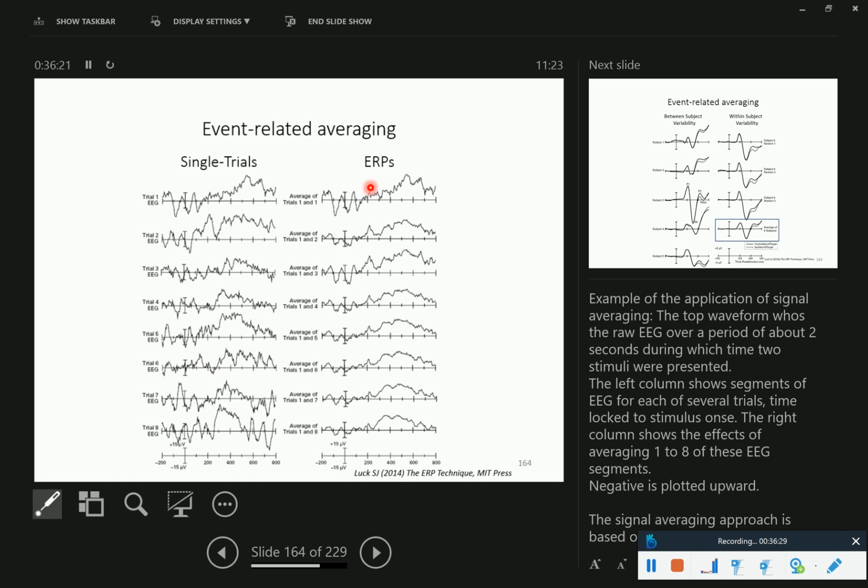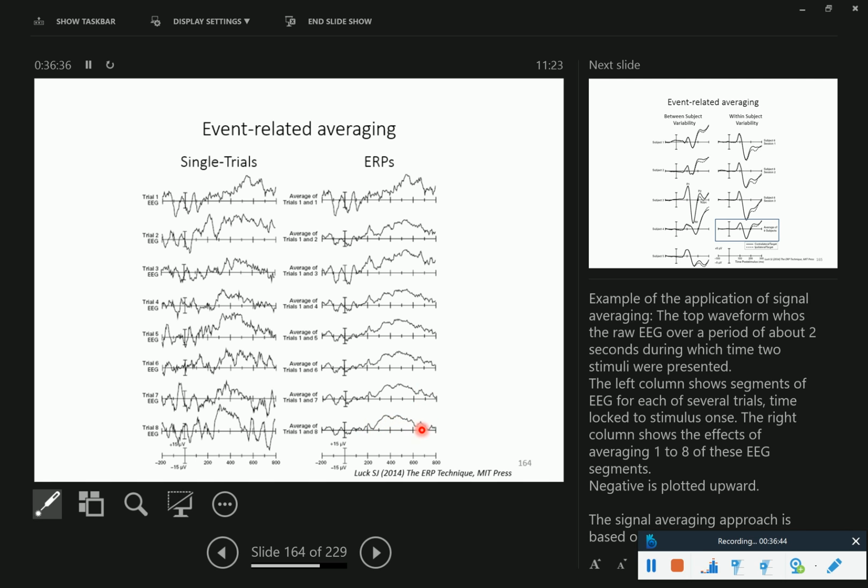Now, if you start averaging, and this on the right-hand side shows the average of 1, 2, 3, and increasingly more, so cumulative averaging of increasingly more trials, you see that this kind of acts like a low-pass filter.